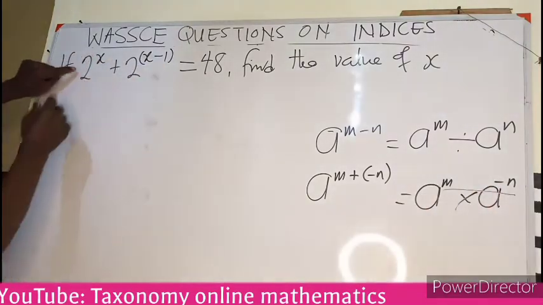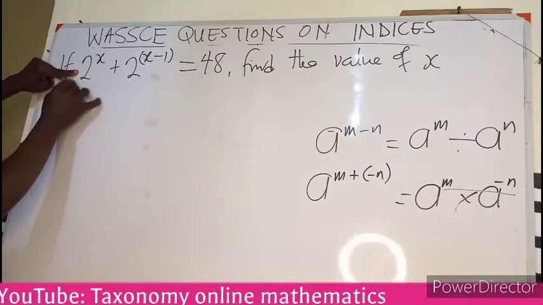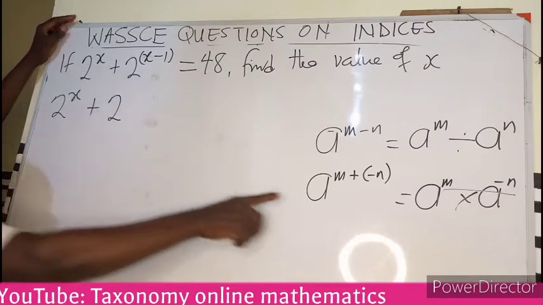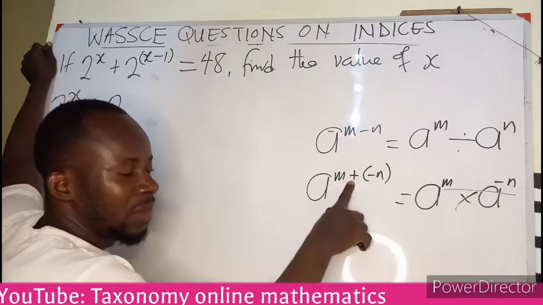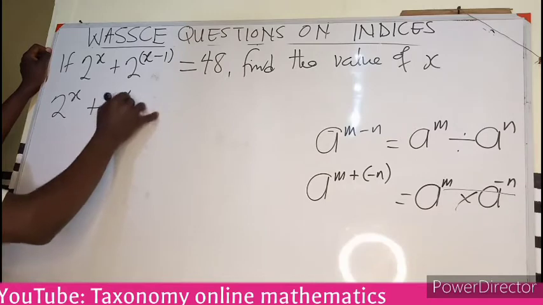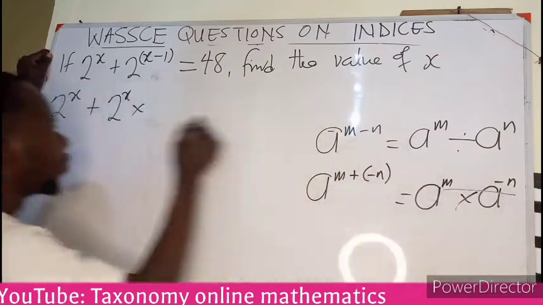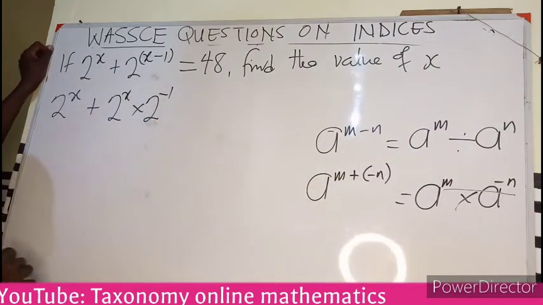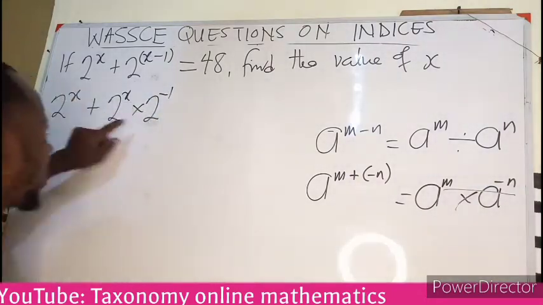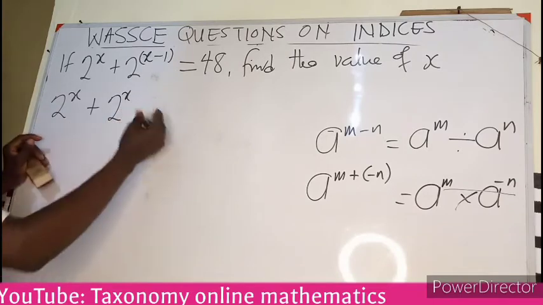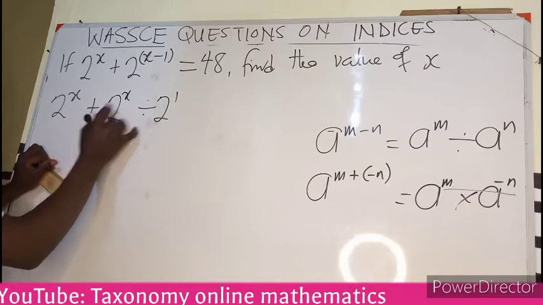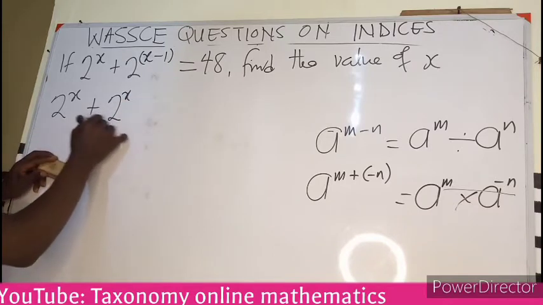What I mean is that I'm going to have 2 exponent x times 2 exponent minus 1, the minus n, since we are adding. Or better still, I can say this is going to be divided by 2 exponent 1, which, if I want to clear this, will still become over 2.